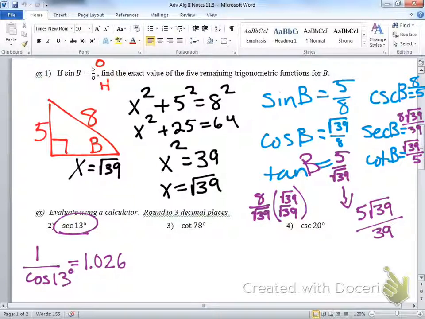All right, are we ready for number 3? So this will be 1 over 10.